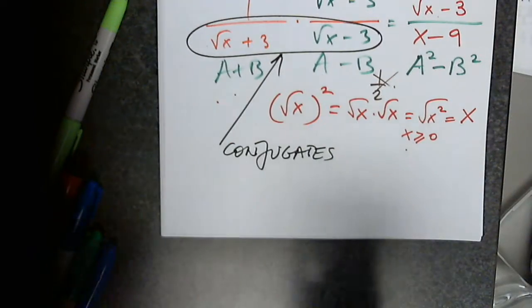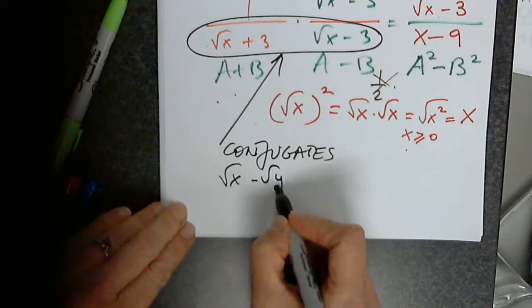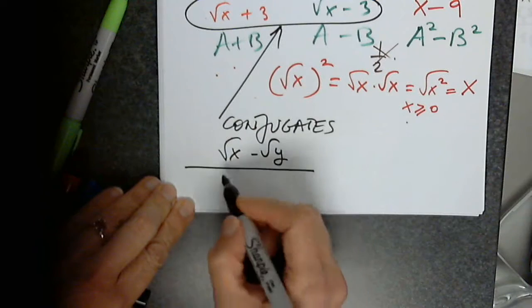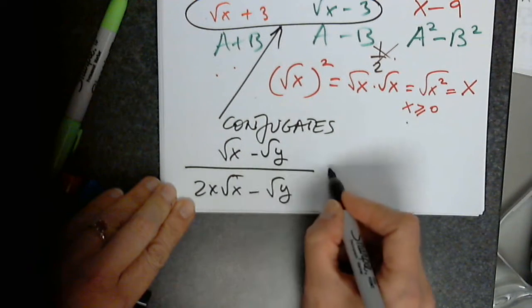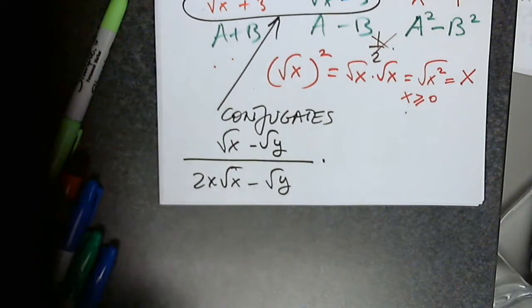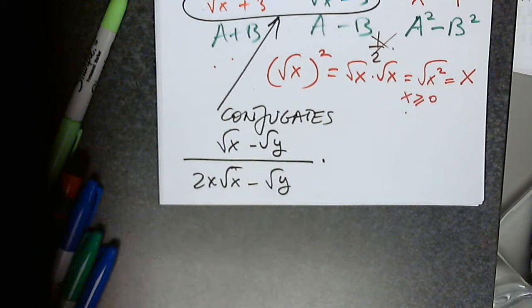So let's look at this example. Let's take it slowly. 2x, the square root of x, minus the square root of y. And let's decide. I said rationalize the denominator, but assuming all variables are positive, we can choose the other one. Which one would you like to rationalize?